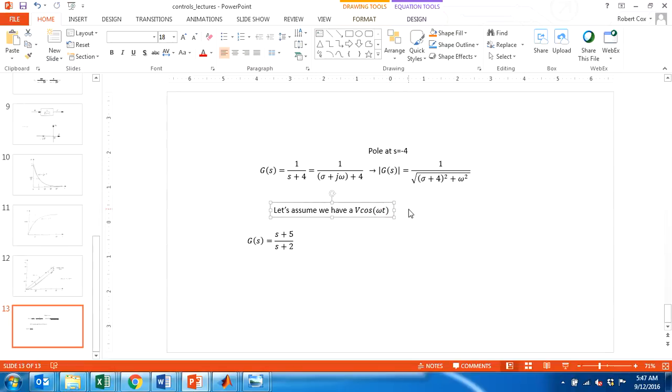When I say that, essentially what I'm assuming is that I have a particular input to the system. When I'm looking at the frequency response, I'm assuming a sinusoidal input, which means that ultimately I am talking about inputs of the form e to the j omega t plus e to the minus j omega t, all divided by 2.